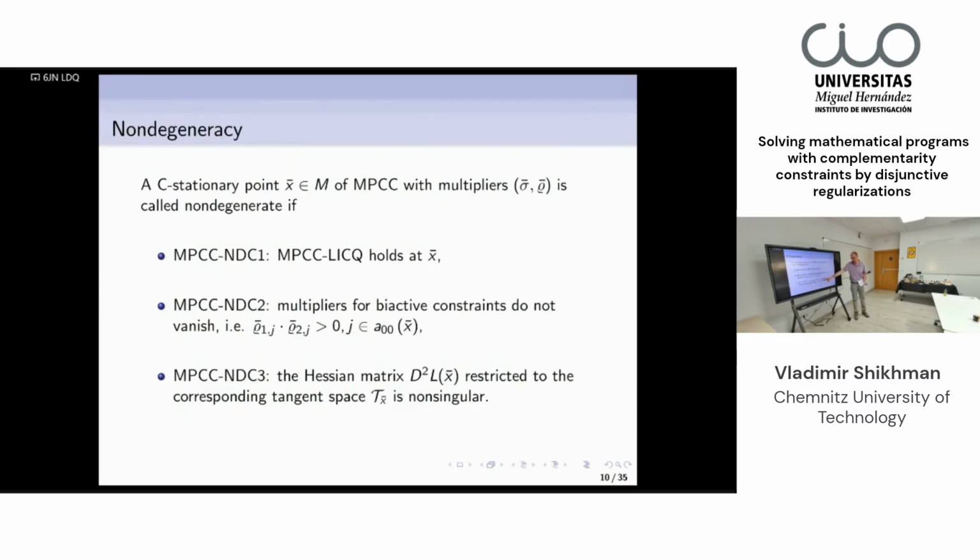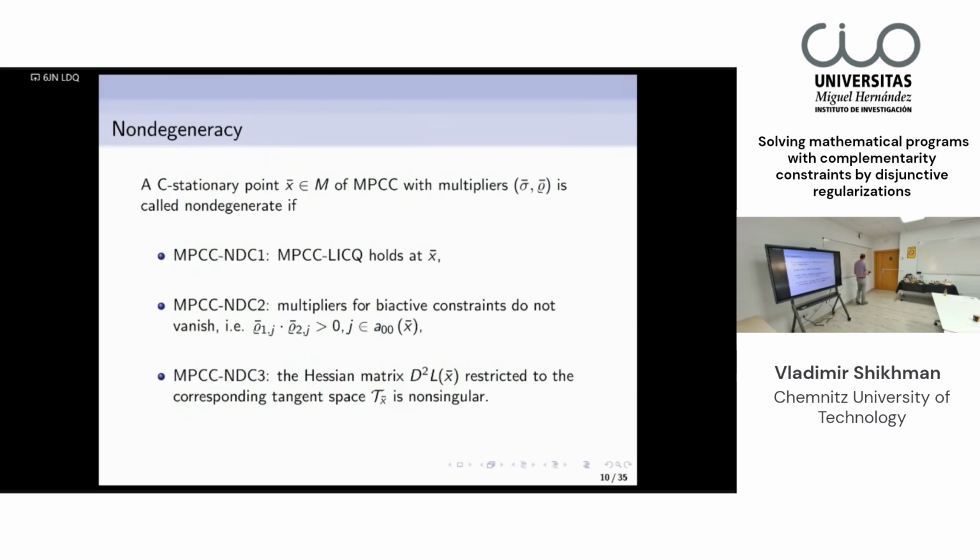And then this is what we get also from the smooth case, that the second derivative, the restricted Hessian of the Lagrange function, must be non-singular, with no 0 eigenvalues. It is what we inherit from the smooth case. So we have a kind of smooth condition, and we have a kind of non-smooth new component with this multiplier condition.